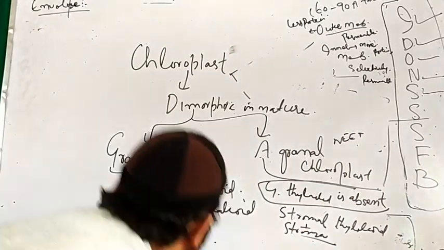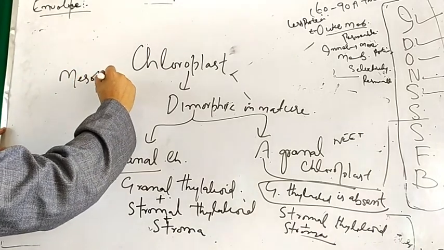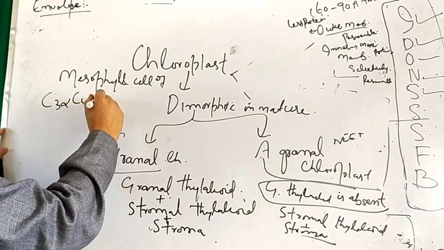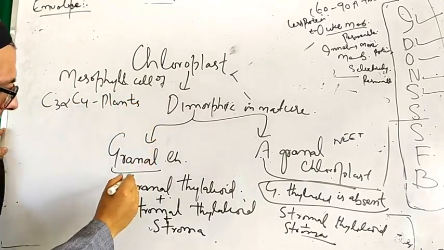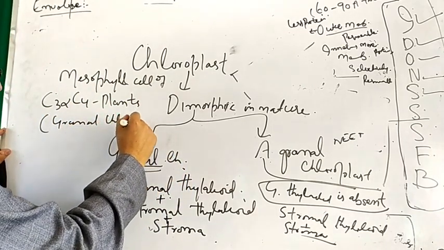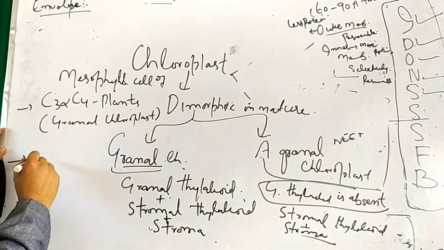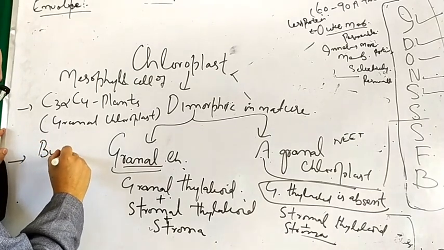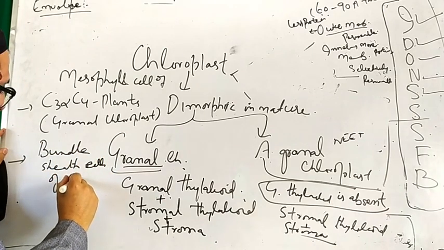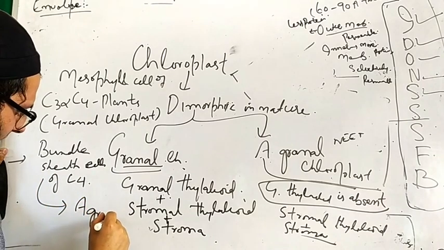Okay, so let's see where these are present. In mesophyll cells of C3 and C4 plants, we have granal chloroplast. It's very important for your NEET. However, in bundle sheath cells of C4 plants, we have agranal chloroplast.